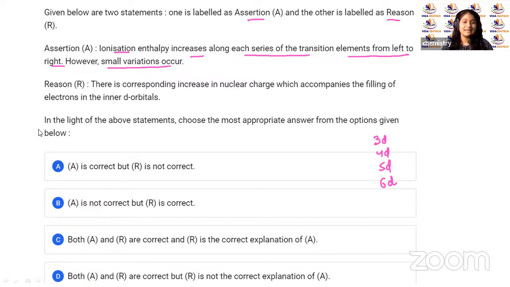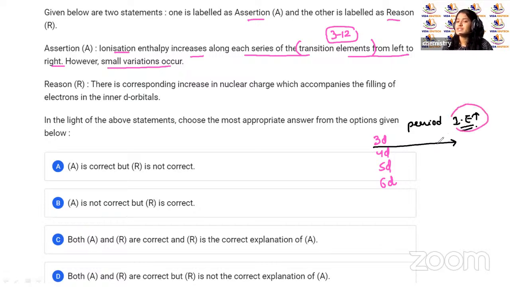Now, what happens in each series? We know that when we move across a period, our ionization enthalpy increases. Here also, in case of transition elements, which are from group 3 to 12, when we move from left to right, the ionization energy is increasing, but only a very small amount of change can be observed.